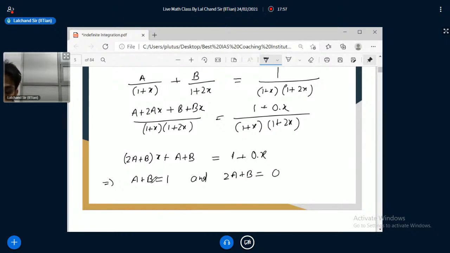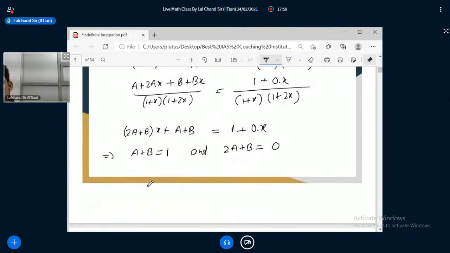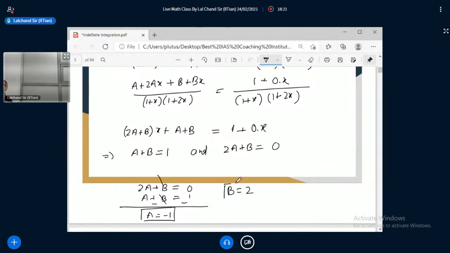If we solve these two equations, we have A equal to minus 1, and if I substitute A equal to minus 1, then B equal to 2.